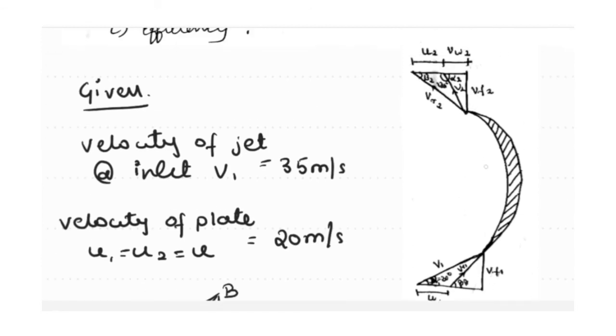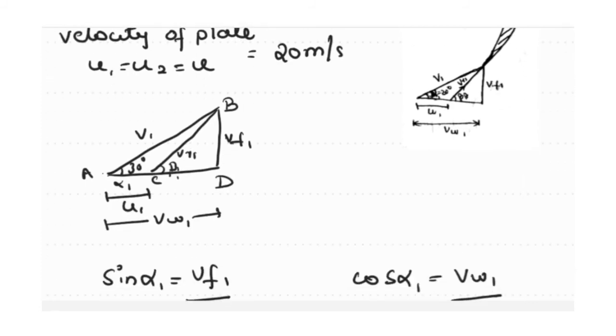So from the inlet to the outlet we got that VR1 is equal to VR2, and here U2 is known. So the remaining VW2 we have to calculate, and alpha 2 we can calculate. So that is alpha 2 is equal to 180 minus 120, and beta 2 we should calculate. So I will draw the enlarged view of the outlet triangle.